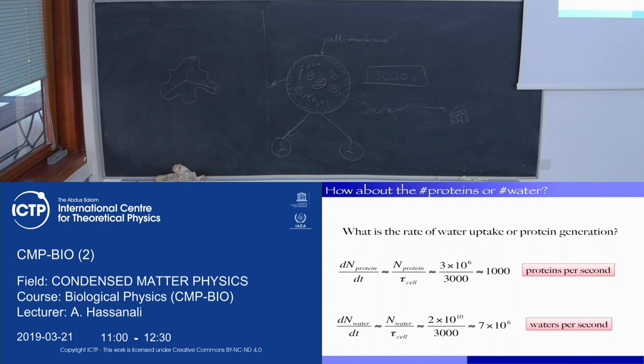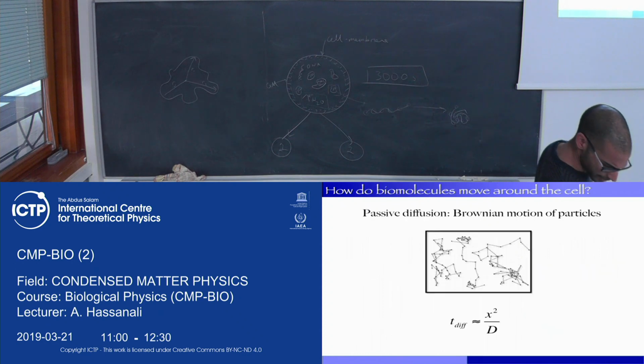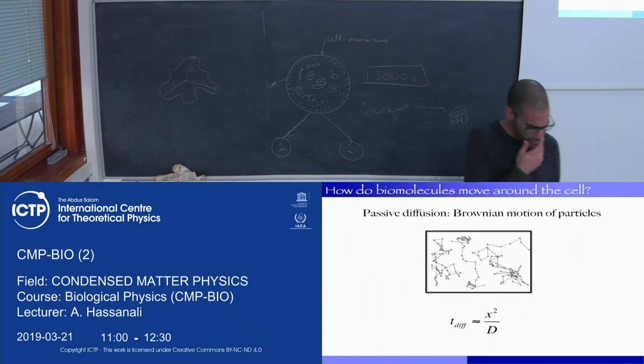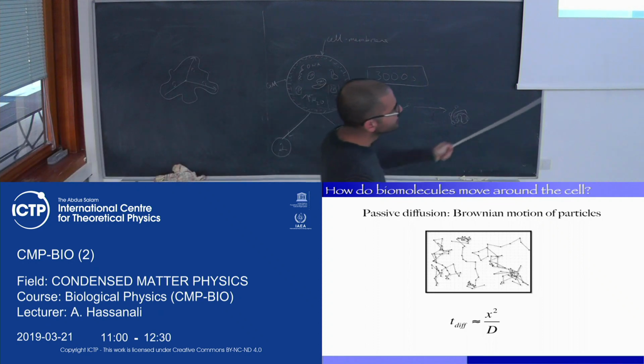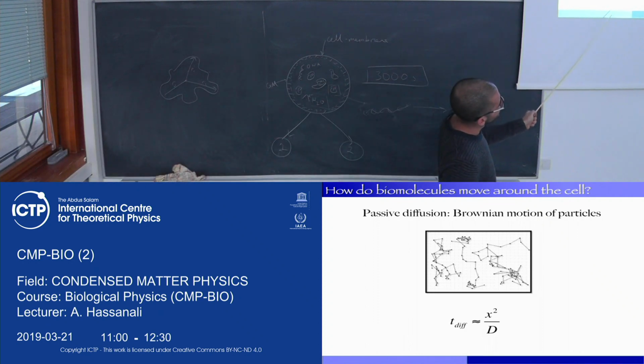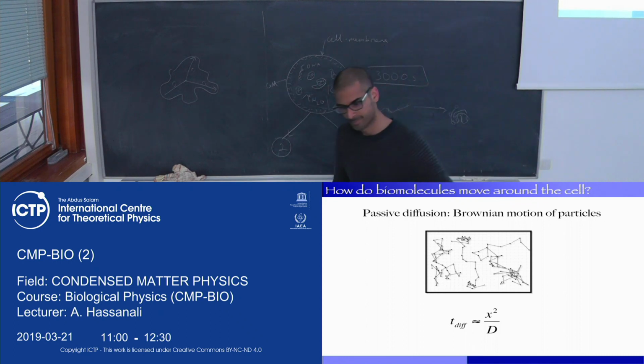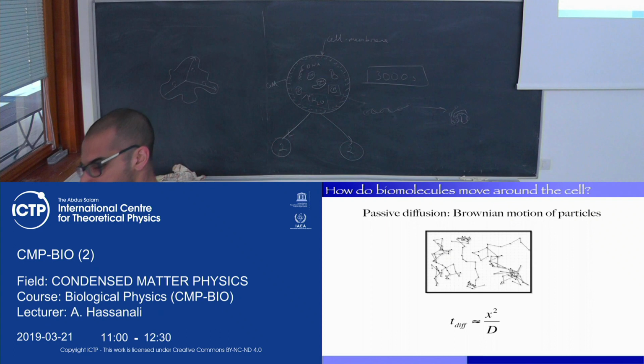Okay, that's what we're going to try and build our intuition on. So let's give this example, since we've talked about it. Brownian random walk. The time scales associated with diffusion go as x squared over D. Okay, so the diffusion constant goes as L squared over tau.